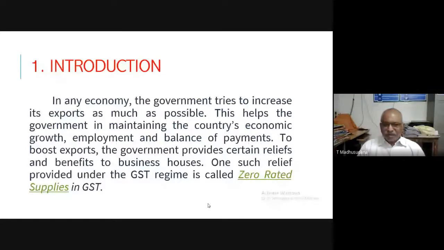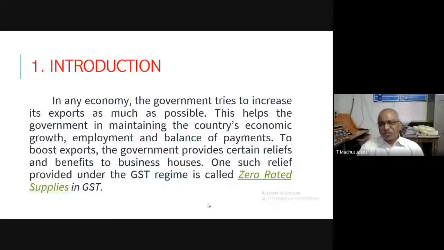If any country is to be rated as a developed nation, it should have more exports. That means its exports should be greater than its imports. That's why every country is trying to improve its exports as much as possible.